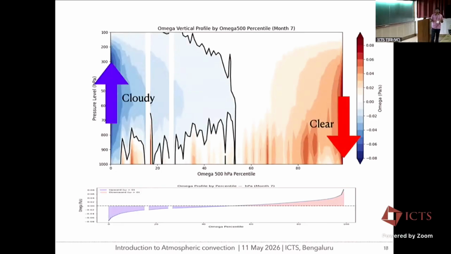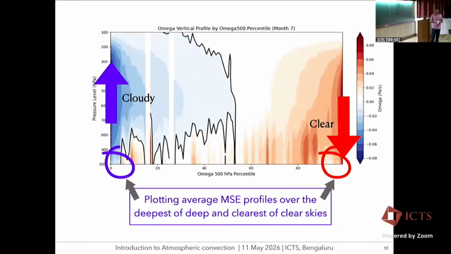I have just shown it with arrows, and now I'm going to plot moist static energy for these strongest updrafts and strongest subsidence.